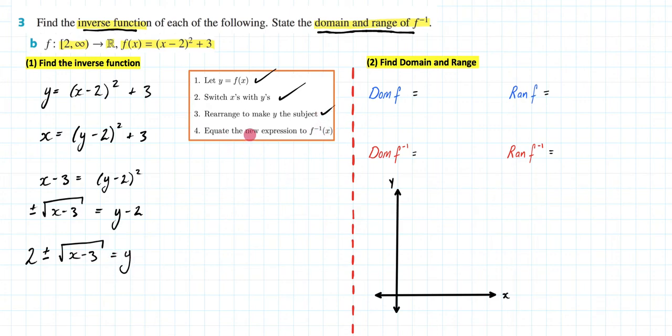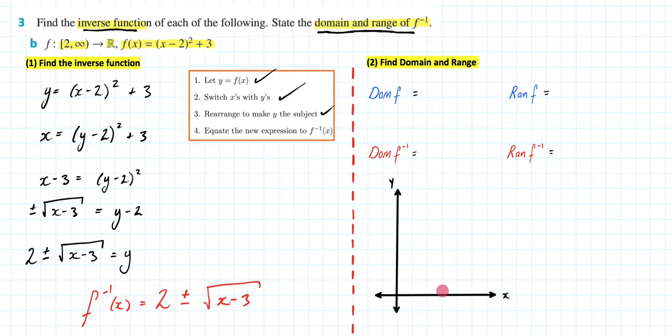The final step is to equate the new expression to the inverse of f, and let me do this step in red because it's the last step. It's going to be f inverse of x equals 2 plus or minus the square root of x minus 3. Now, at the moment, this isn't correct because I have both a plus and a minus.